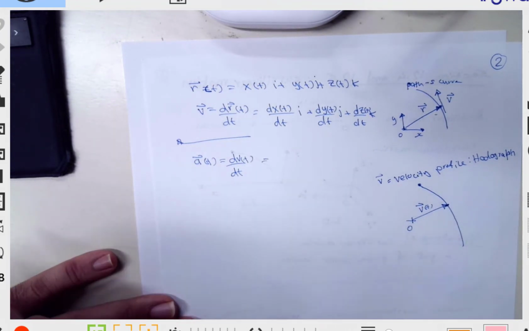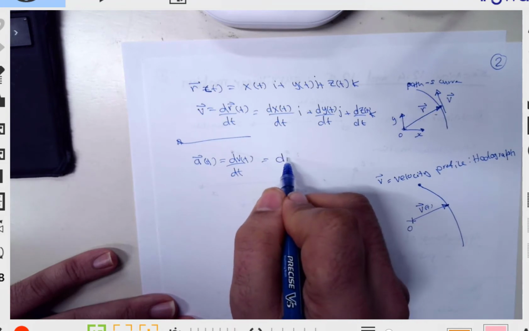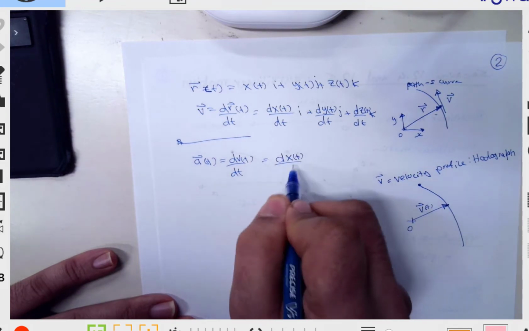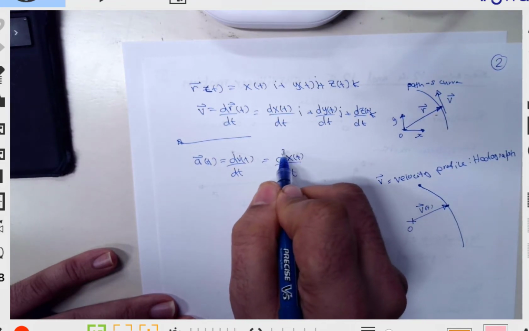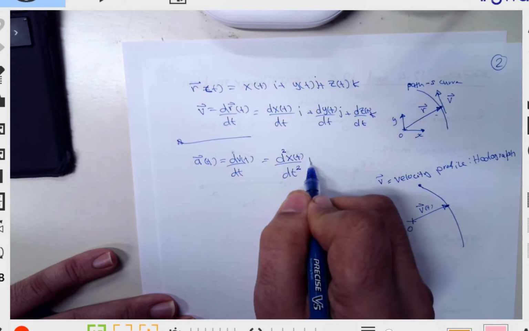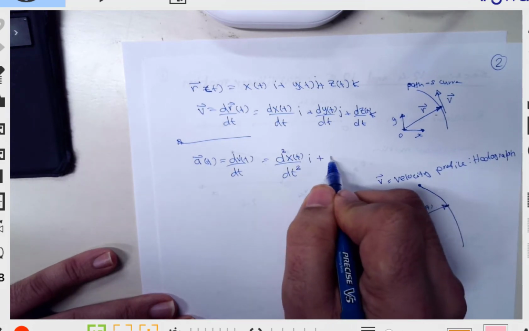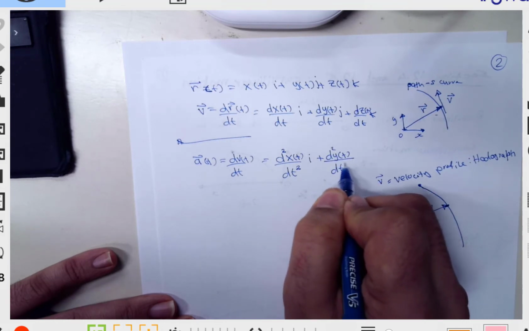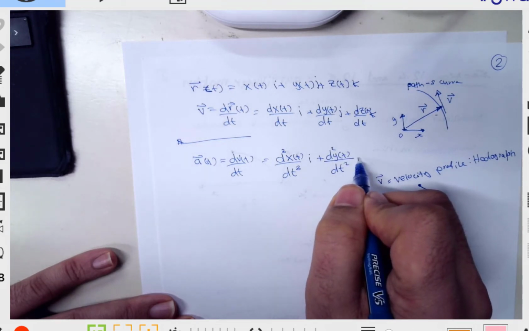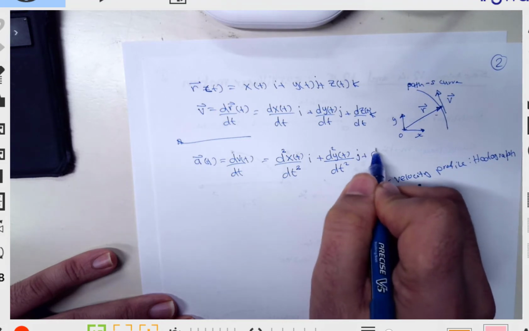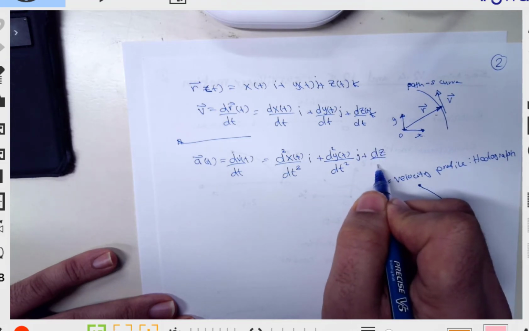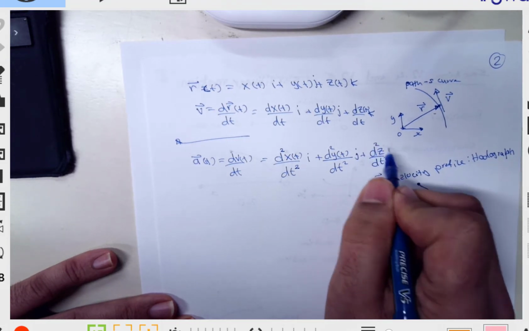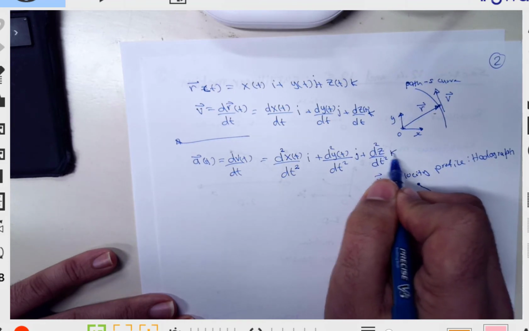So that's going to give us dx of t over dt, second derivative in i plus second derivative in y plus second derivative in z. Okay.